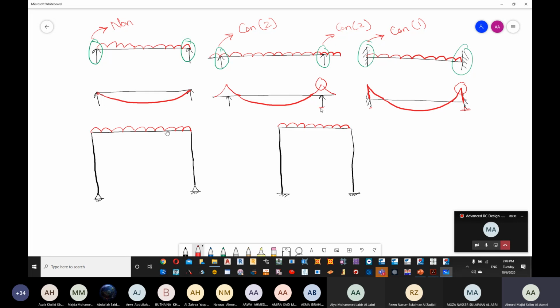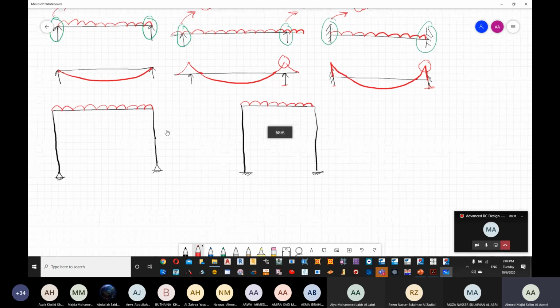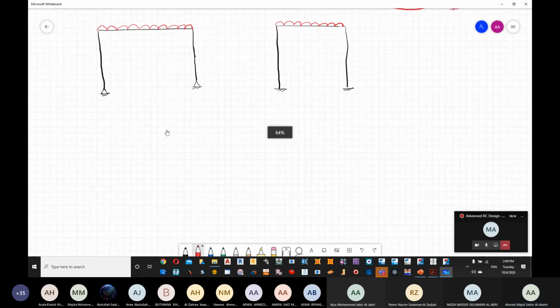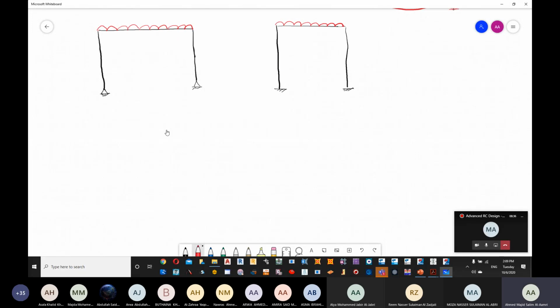Now, when it comes to the frame, I took one frame which is having a pin support, another frame which is having a fixed support. What would you do for this case? How would you draw the bending moment diagram?